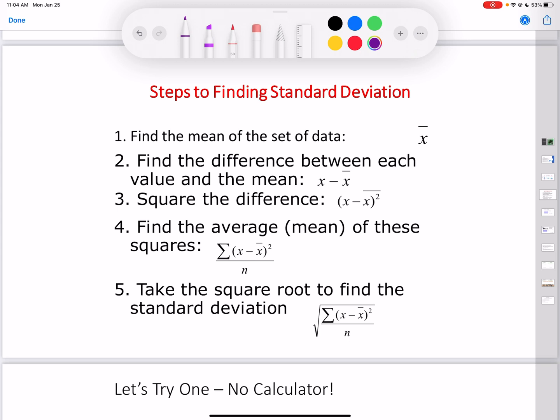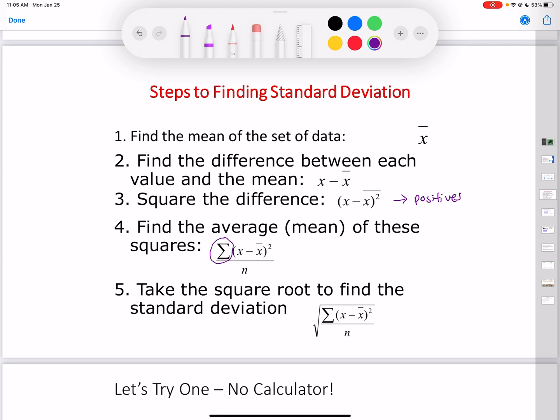And we know that when we square differences, they're always going to be positive because we're trying to see distance away from the mean, so distance is always positive. This last step says find the sum of all of those differences squared and then divide by how many total there are. You take the square root to find the standard deviation.